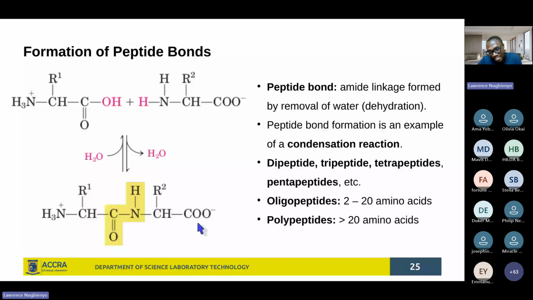So carboxylic acid end, C terminus. You also see N terminus, which means the amine group end. So these two terms, you pay attention.